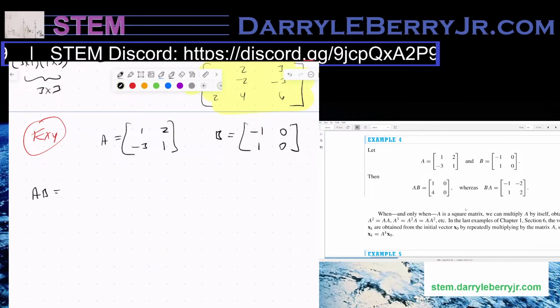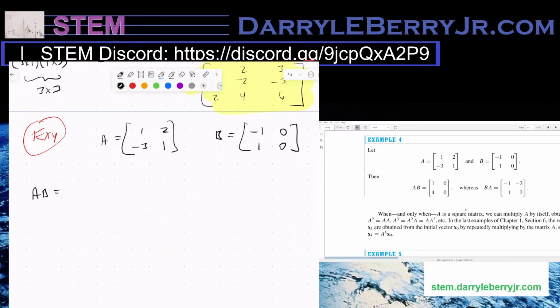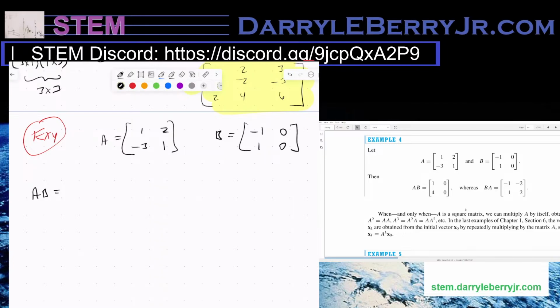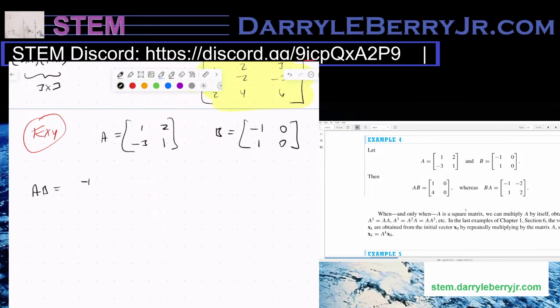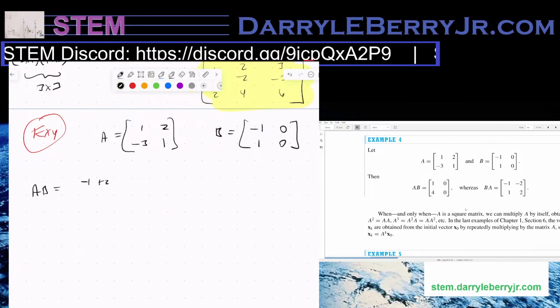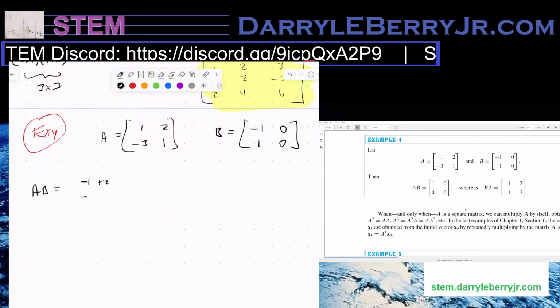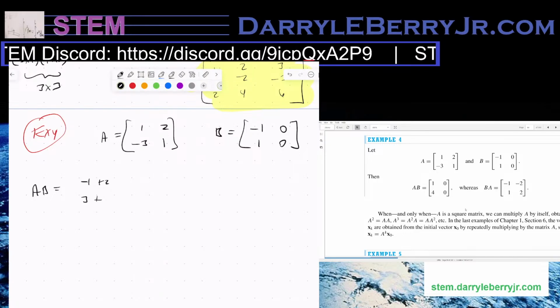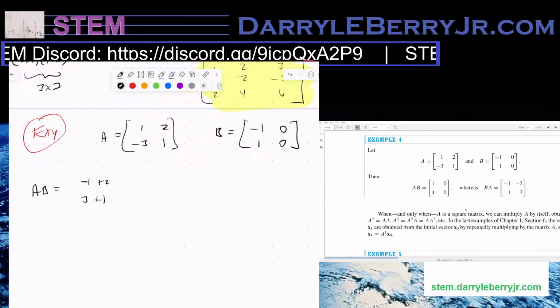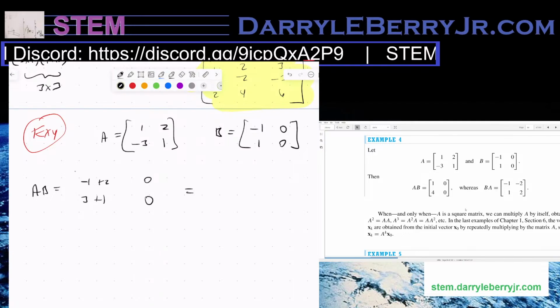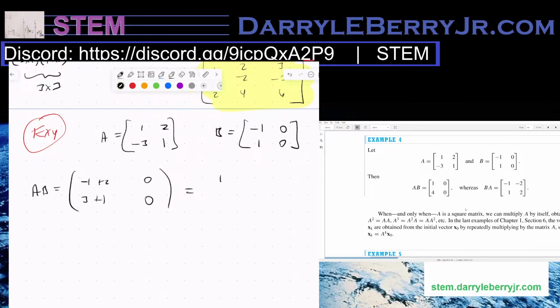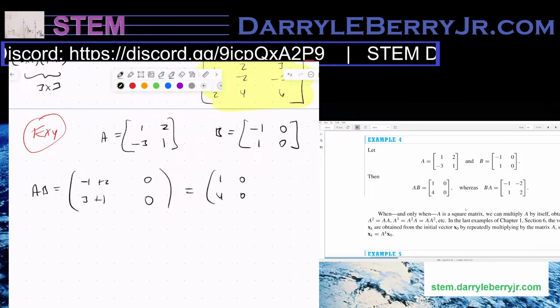AB equals, so I have two columns, so I'll end up with two columns. So negative 1 plus 2, 3 plus 1, 0, 0. So that equals 1, 4, 0, 0.